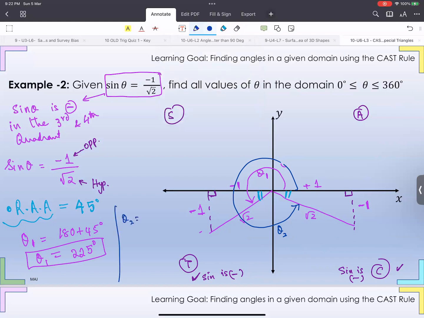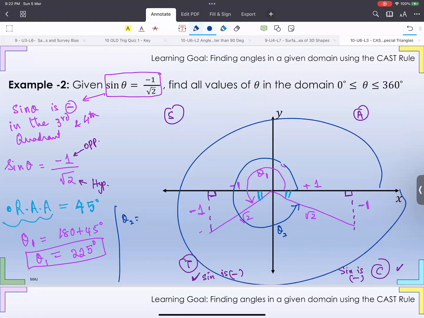Okay, and theta 2, what's theta 2? Is 360, right? Because all of this is 360. So 360 take away 45.